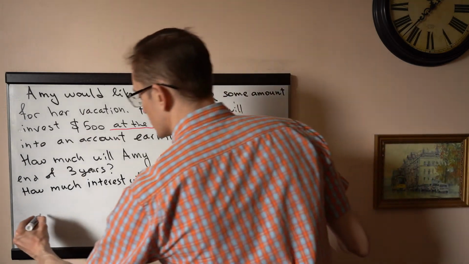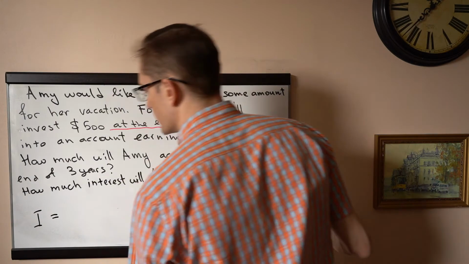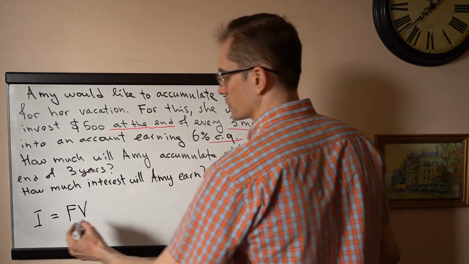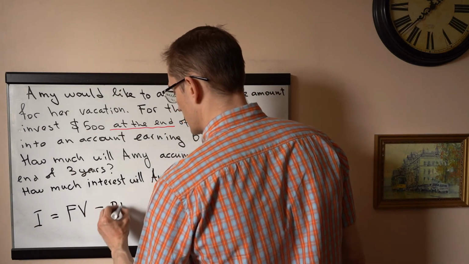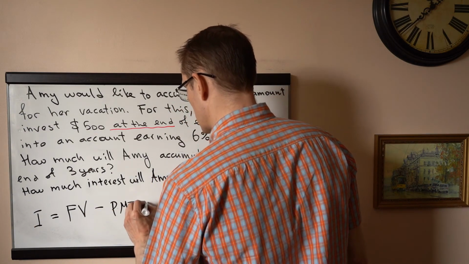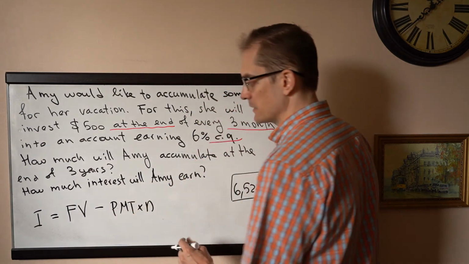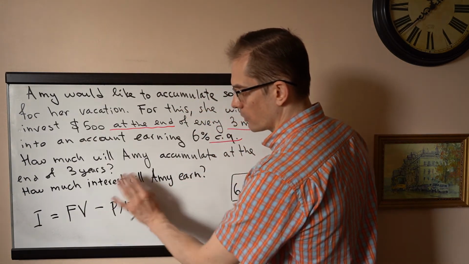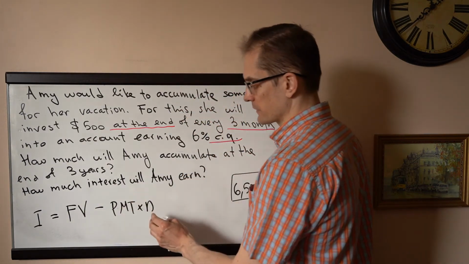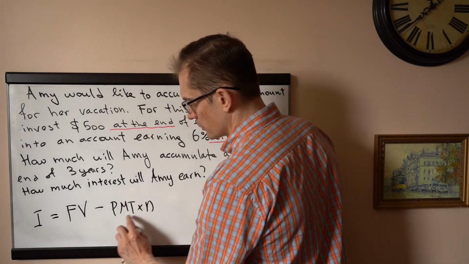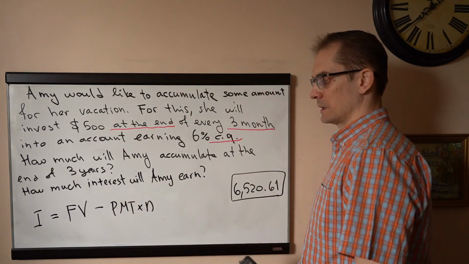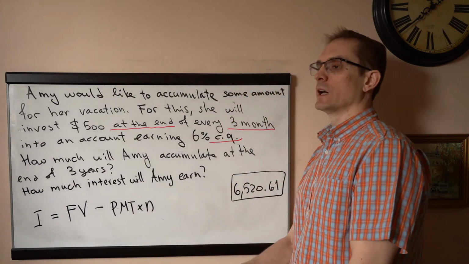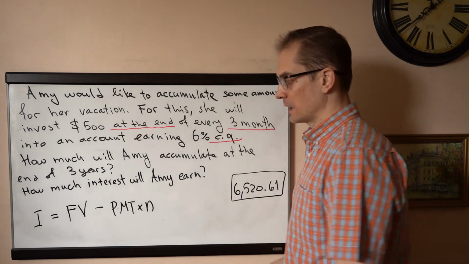So in this case, we're dealing with future value. So interest will be future value minus PMT times n. What this means is that you take the future value, the amount accumulated, minus all the payments combined for this annuity. There are n payments, and you multiply each payment by n to find the total amount of money that you actually paid towards that account.